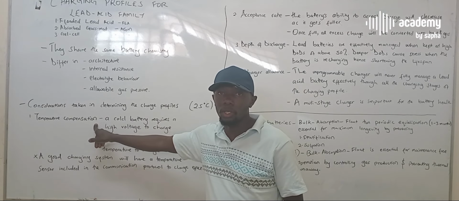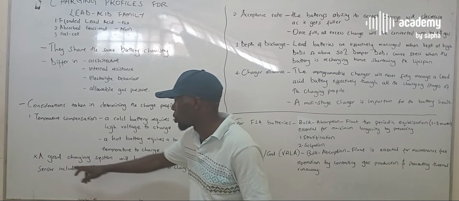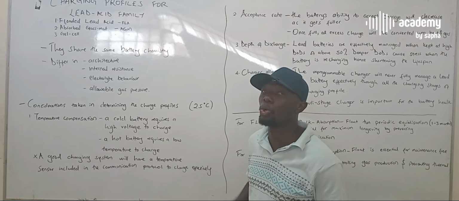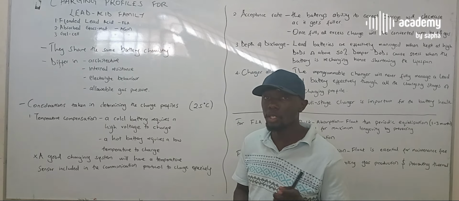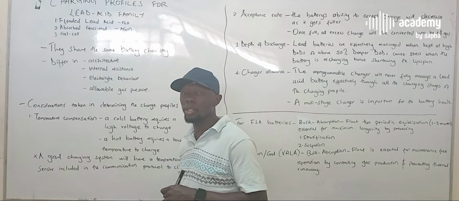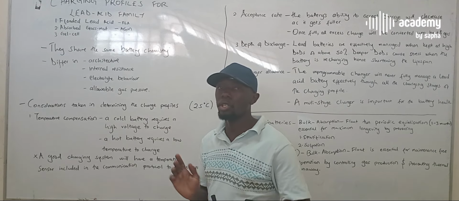Temperature compensation is important. So you have to take into consideration that a good charging system will have to include a temperature sensor in the communication protocol to ensure that it's sending the right voltage at every particular stage of the charging profile.